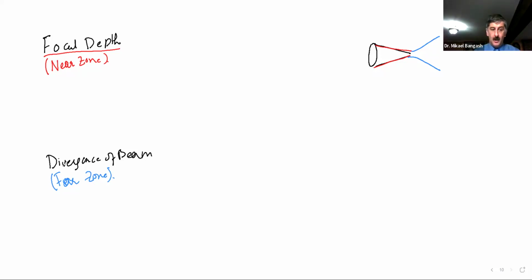Where does this divergence of the beam happen? It happens in the far zone. Did you guys get that? Yep.